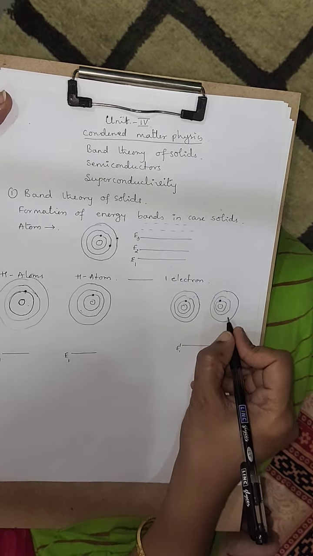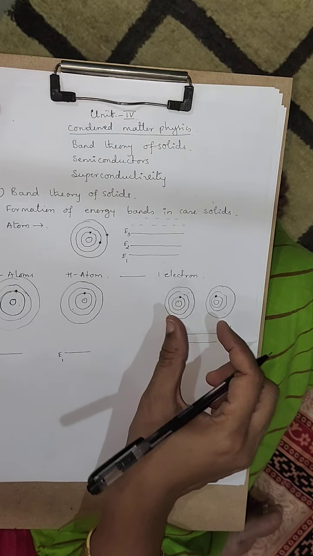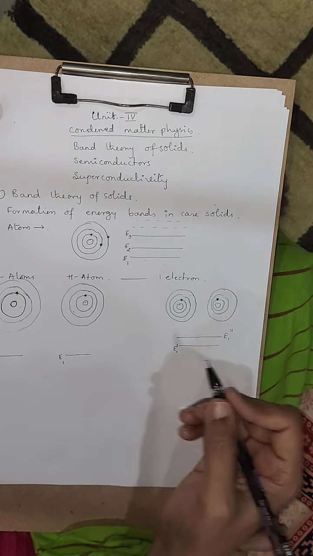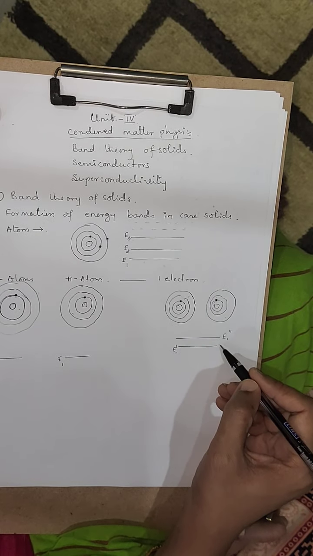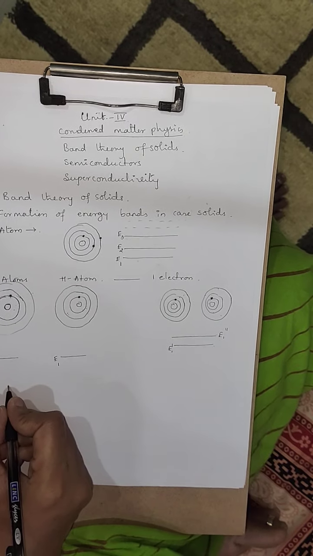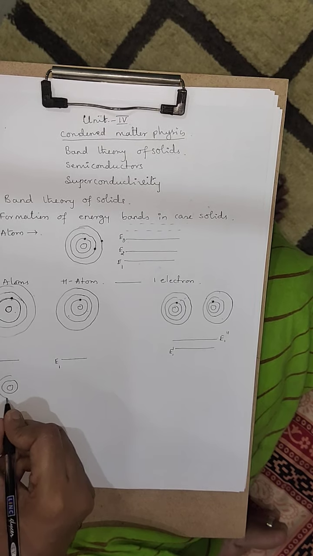Now the other one, which was E1, has its energy slightly increased; we can show that as E1 double dash. So when these are brought close to each other and form a single system, the single energy level is going to split into two energy levels. Now think of bringing three hydrogen atoms close to each other.